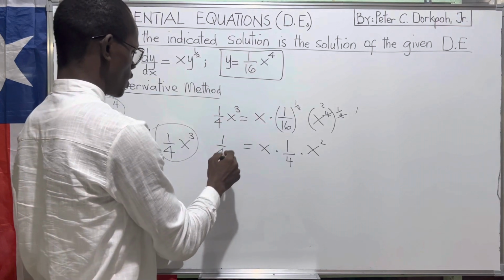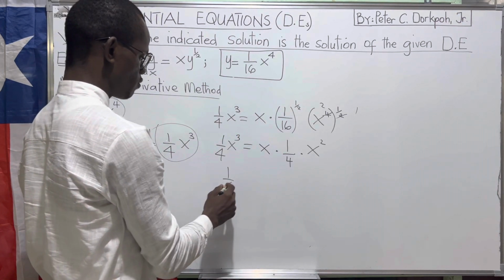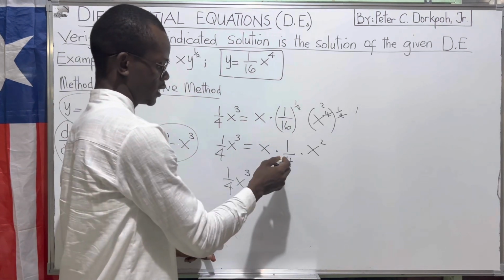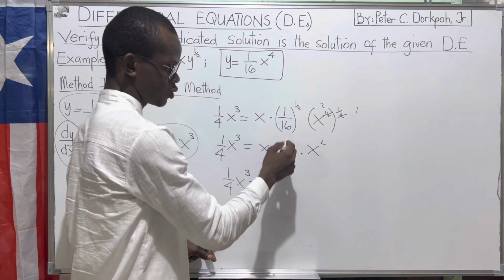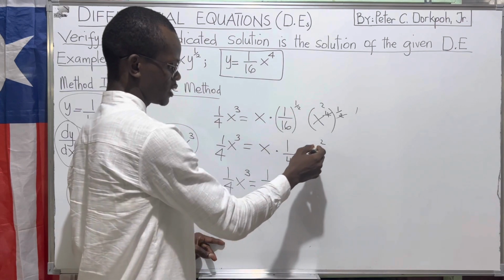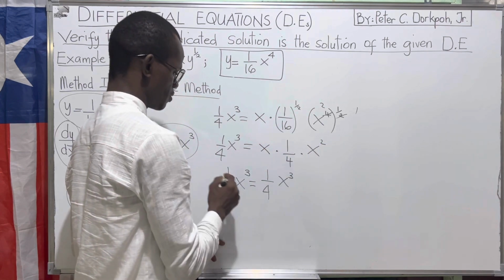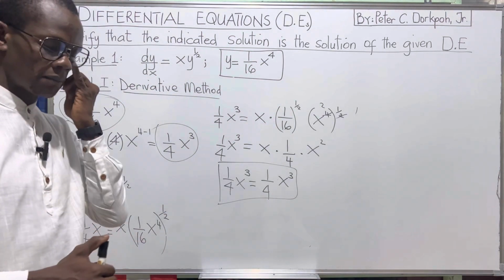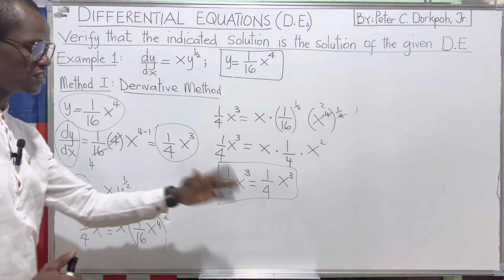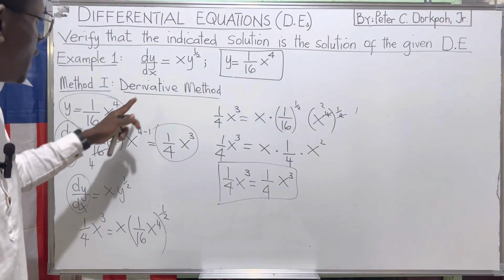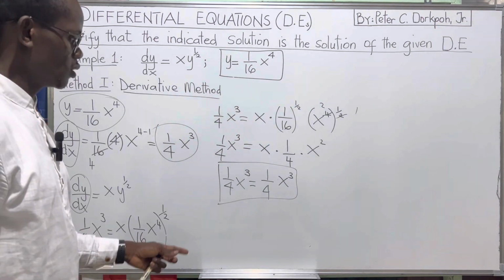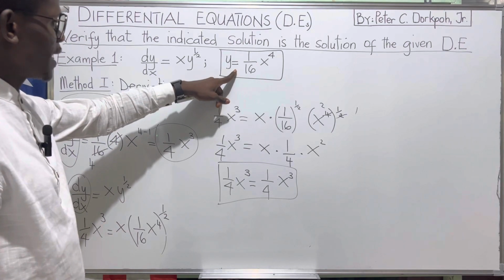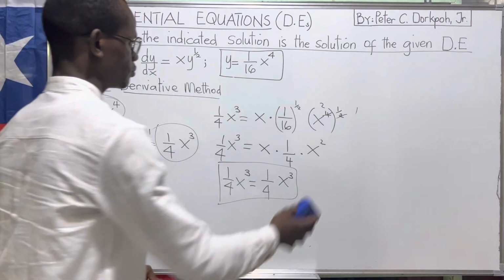So 1 over 4 x to the third power equals 1 over 4, which is the coefficient, and x times x squared is x to the third power. Because it has been verified that the left hand side is equal to the right hand side using our derivative approach, we can conclude that this given solution is actually a solution to this differential equation.